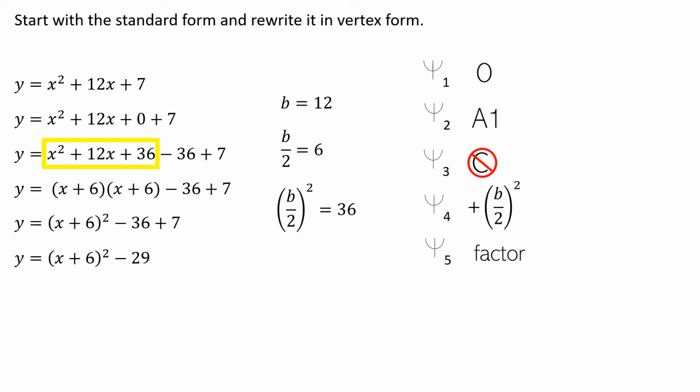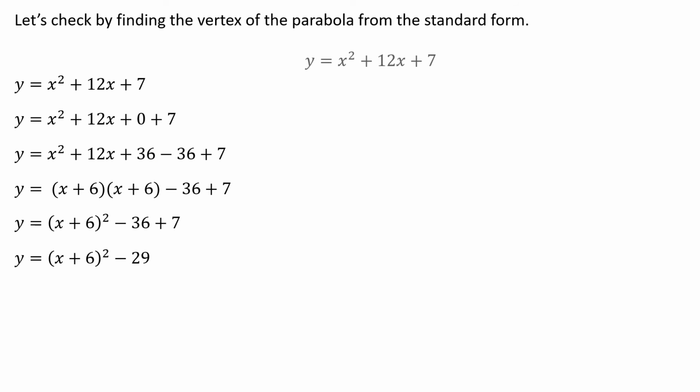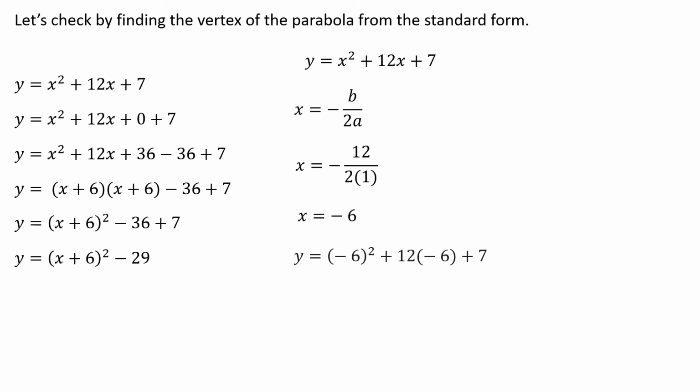If I wanted to say what the vertex was, the vertex would be negative 6 comma negative 29. If you want to check using the old-fashioned way, minus b over 2a will get you the x-coordinate. Plug in the x-coordinate and you'll get the y-coordinate.